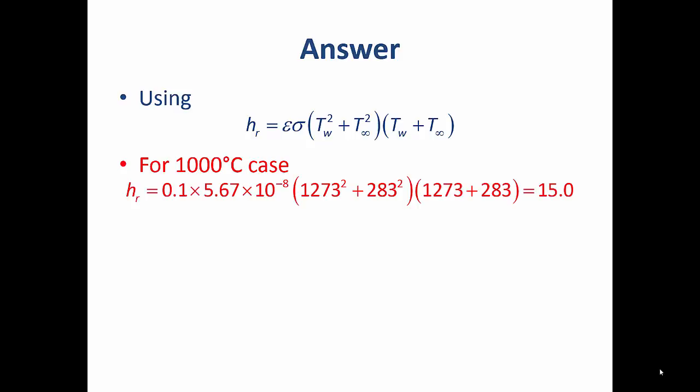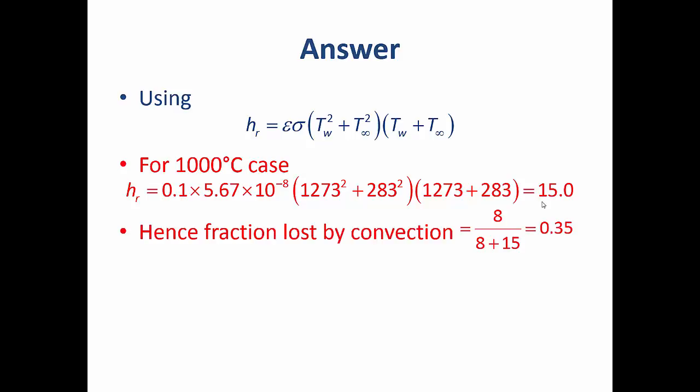So for the 1000 degrees Celsius case, this means the relevant temperatures are 1273 Kelvin and 283 Kelvin, and that's what I've included in this calculation here. It gives us a radiative heat transfer coefficient of 15, strictly watts per meter squared per Kelvin.